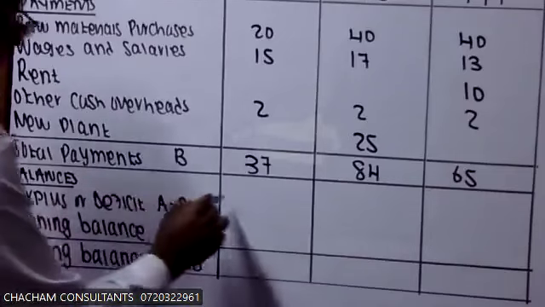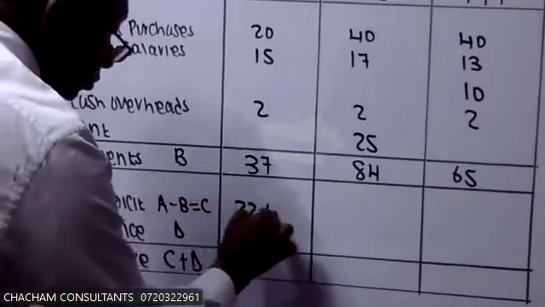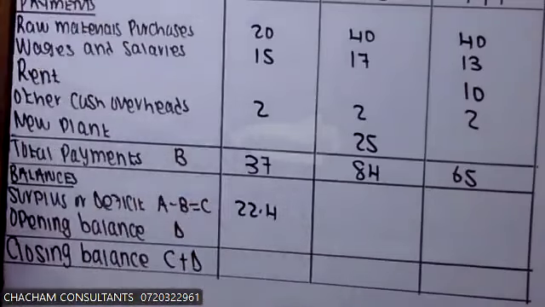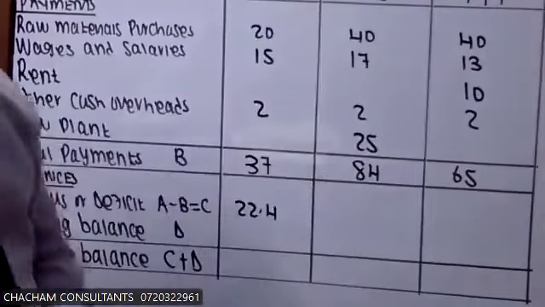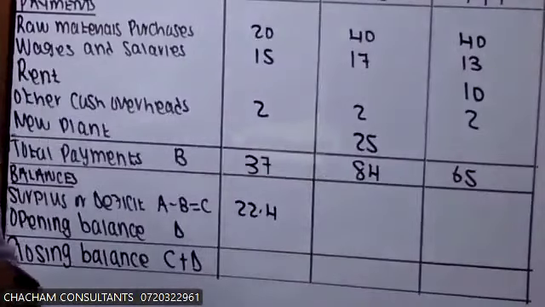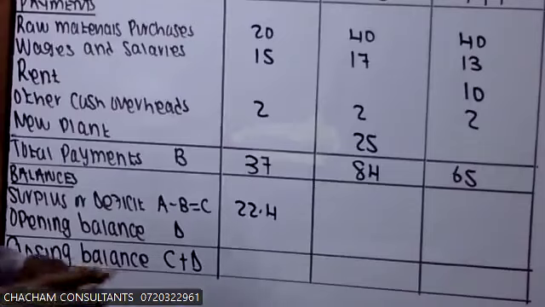That gives $22.4. That is the surplus. Then 64.3 minus 84. Negative 19.7.